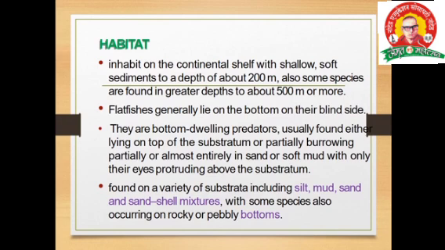They are bottom dwelling predators, usually found either on top of the substratum or partly or almost entirely burrowing in the sand or soft mud. They are found in varied substrates including silt, mud and sand. This is the habit of the flatfish or the sole fish.